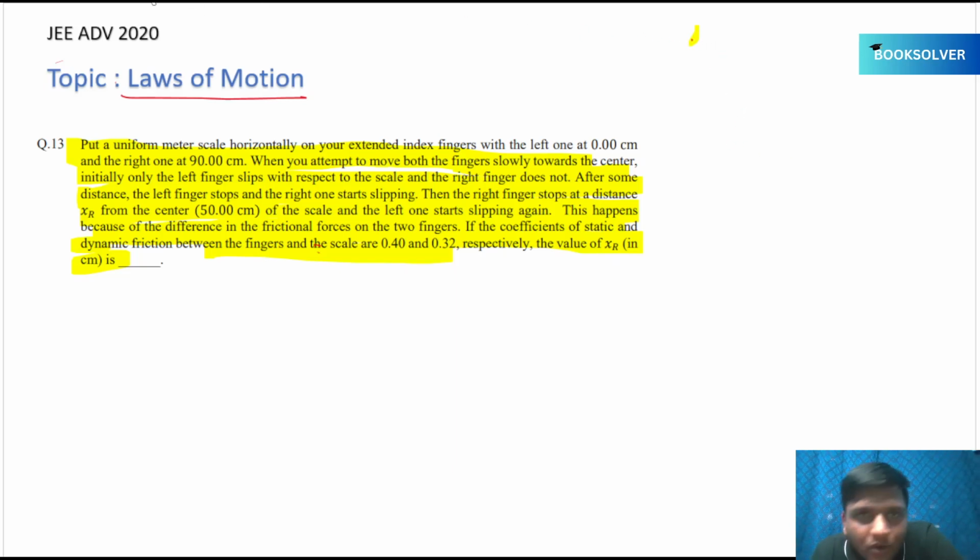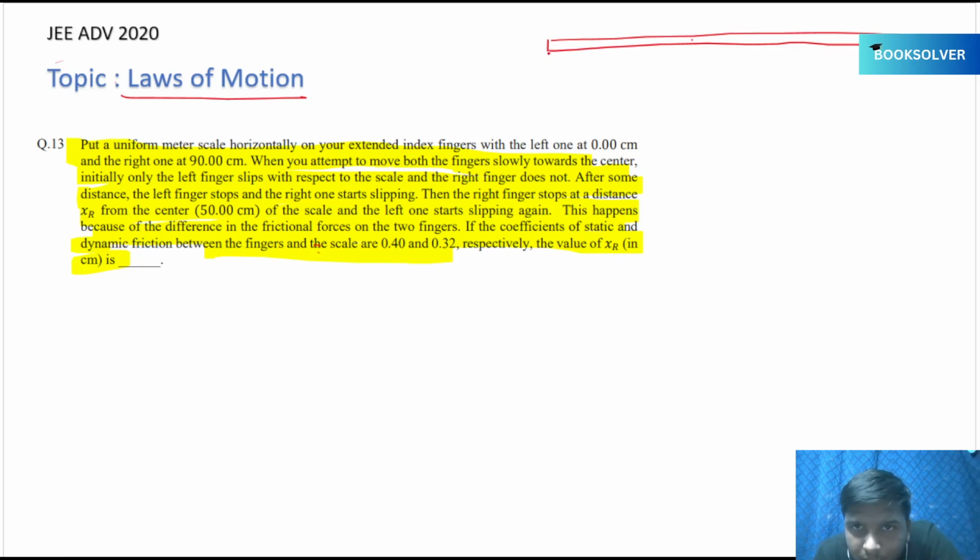So let's draw the free body diagrams, obviously, because this is from the topic of laws of motion. Let's suppose this is our scale. Initially, we'll consider the left finger as left and this as right.